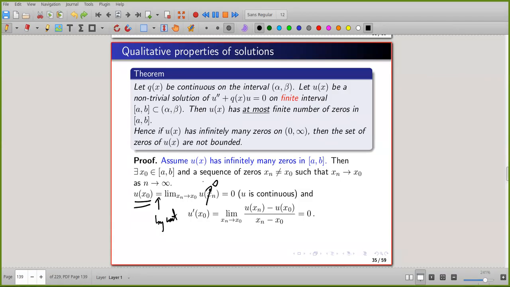Therefore the limit is also 0. We do the same thing for u prime: u prime at x naught is by definition this limit, and once again all these are 0.